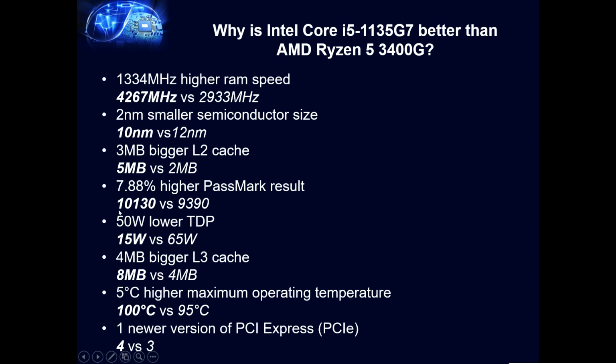7.88% higher PassMark result, Core i5 having 10,130 and Ryzen 5 only having 9,390. 50-watt lower TDP, with Core i5 having 15 and Ryzen 5 having 65. 4 megabyte bigger L3 cache, Intel Core 8 MB, Ryzen 5 4 MB. 5 degrees Celsius higher maximum operating temperature, Intel Core having 100 and Ryzen having 95.